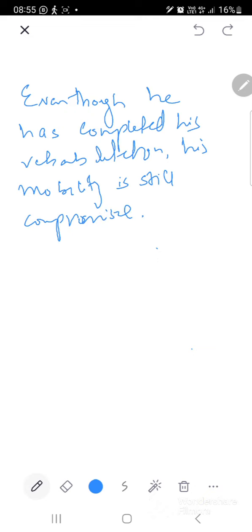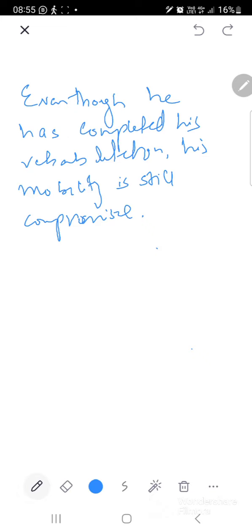Basically, it's two sentences I have written: "Although he has completed" in present perfect tense, and "his mobility is still compromised" in present simple tense. Is it clear to you?